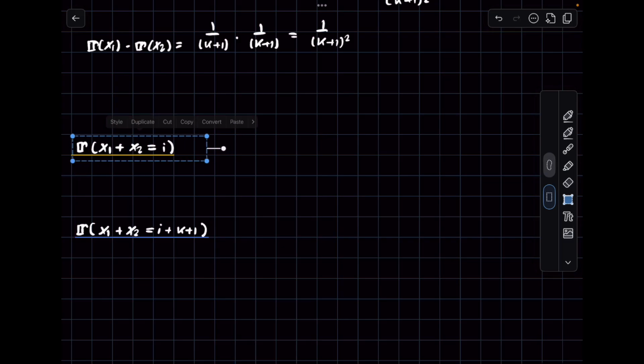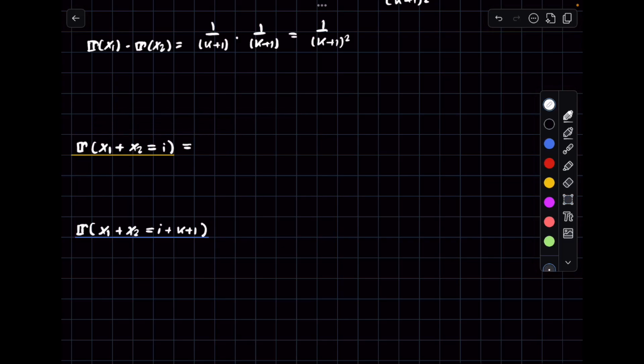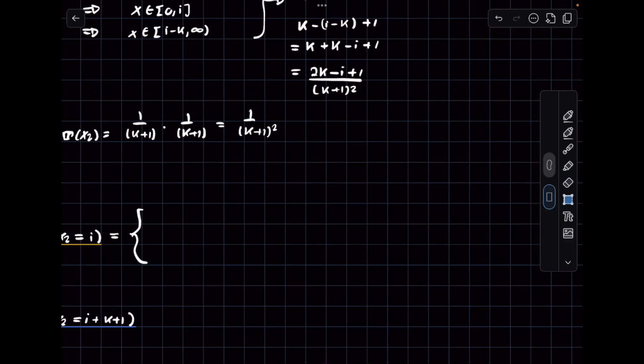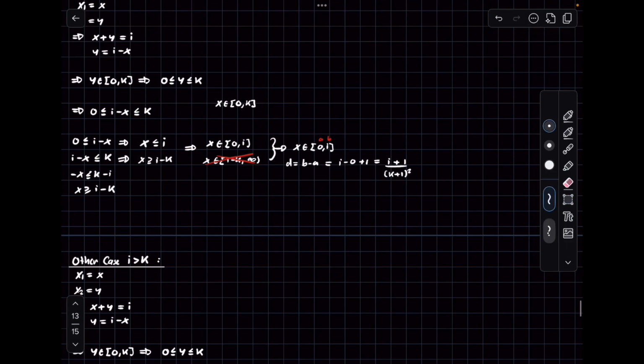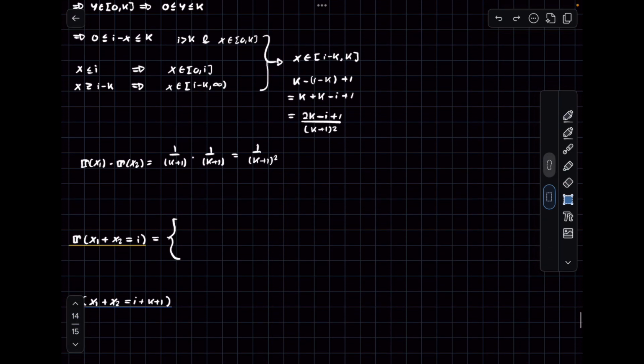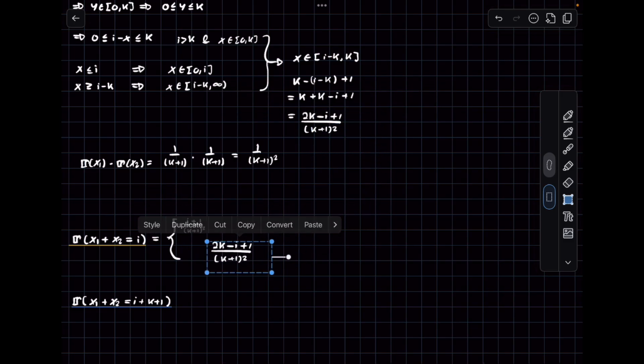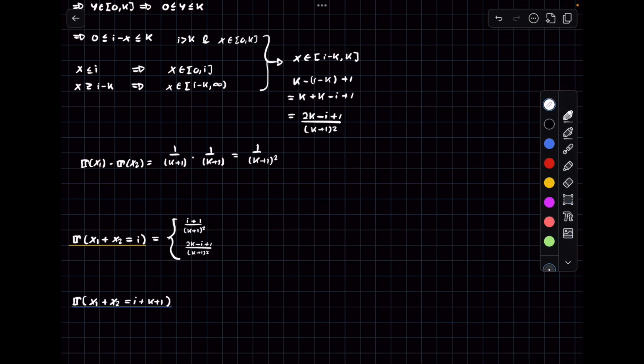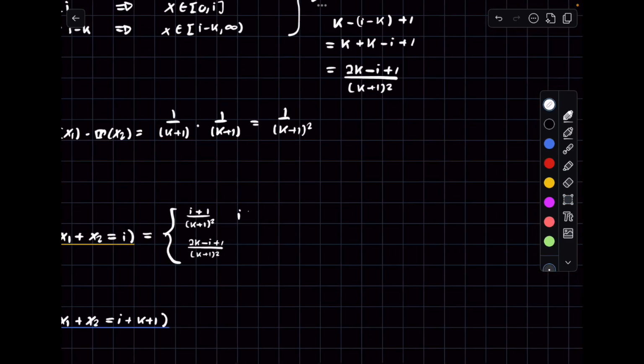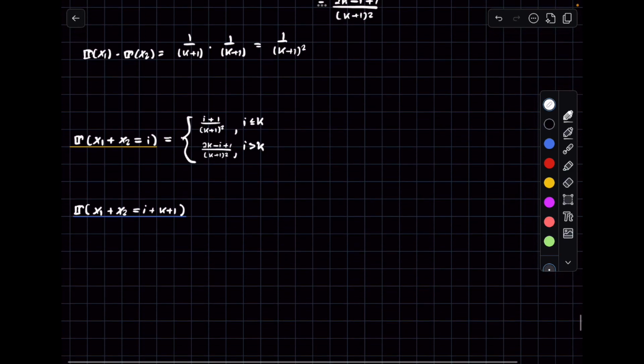The orange case is going to be this one, and it's a piecewise function that states, we're going to take this little bad boy whenever k I is equal to k, and I is greater than k. So these ones are piecewise functions.